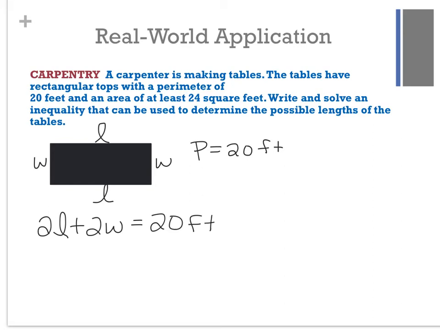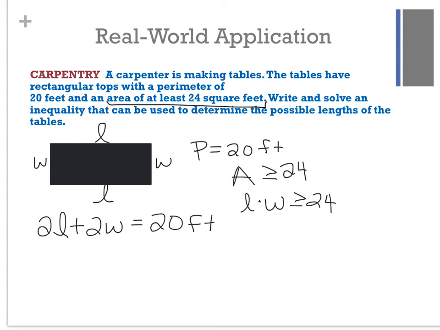And it says that the area is at least 24 feet, so I know the area needs to be greater than or equal to 24 feet squared, or that the length times the width is greater than or equal to 24.